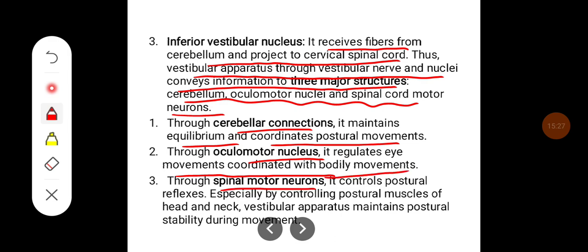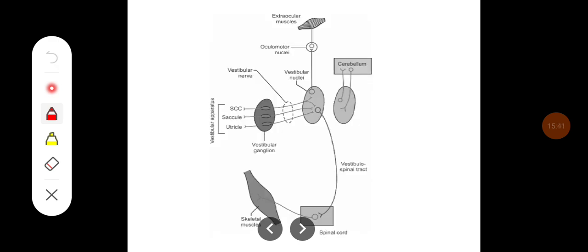Through the spinal motor neurons, it controls postural reflexes, especially by controlling the postural muscles of the head and neck. The vestibular apparatus maintains postural stability during movement. So this is the vestibular pathway.